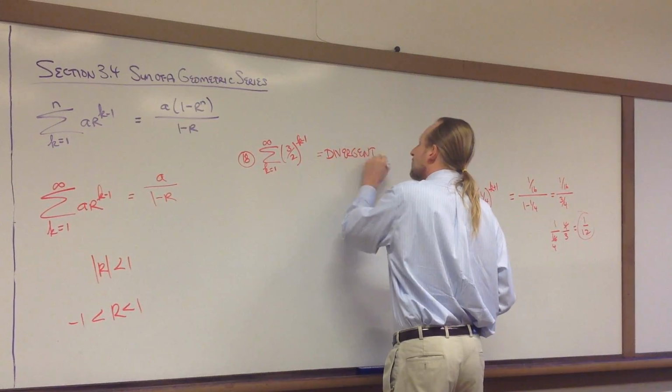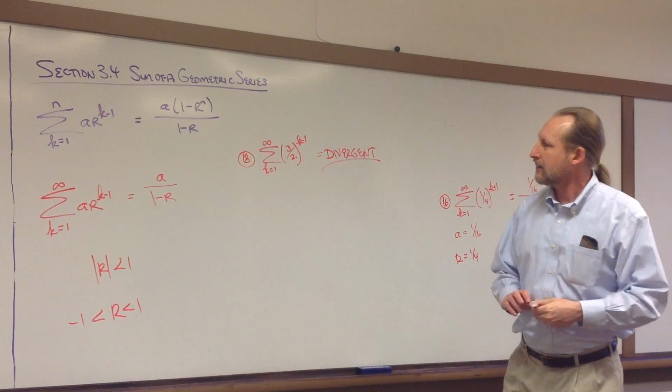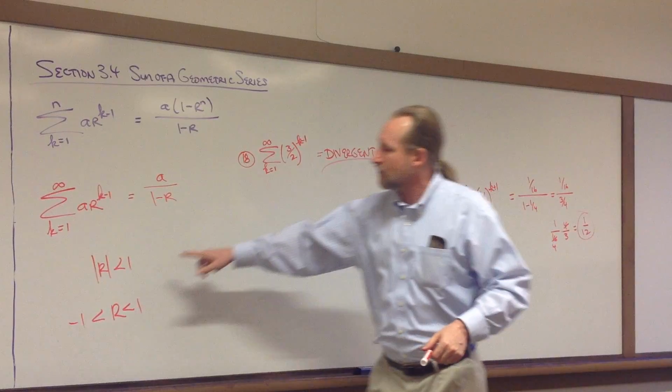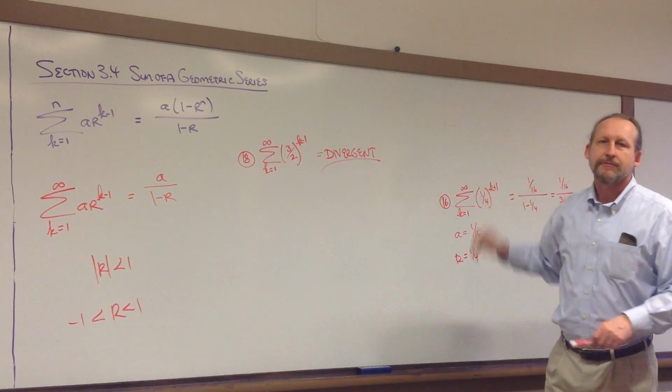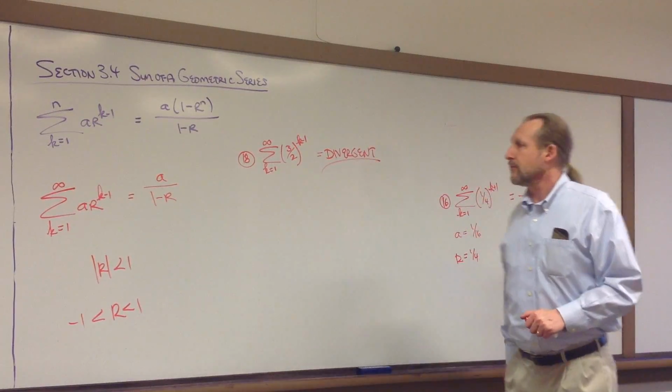It doesn't have a sum. Why not? Our r is bigger than 1. This is going to equal infinity, or what they call divergent.